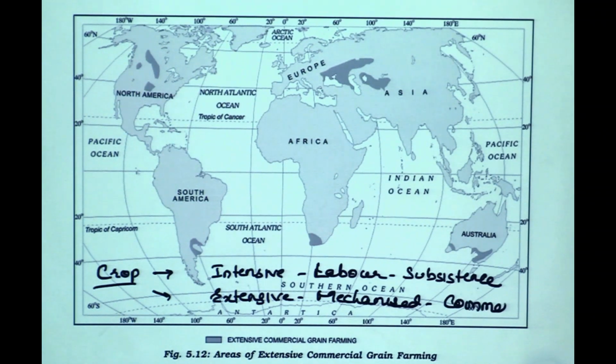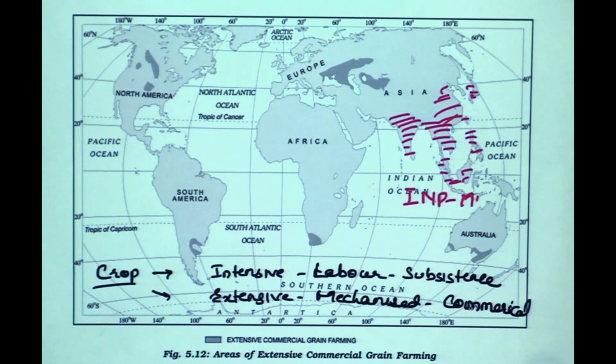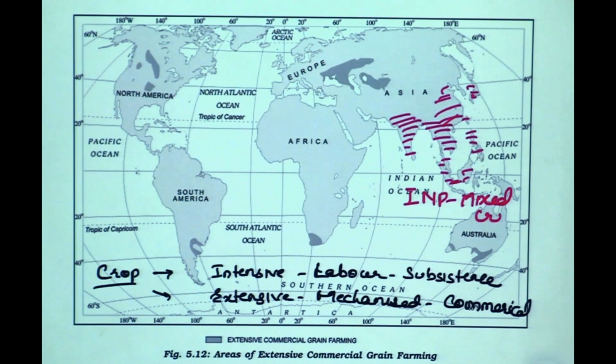This is how we started with it. So how many we have taken as intensive? Entire monsoonal Asia, Southeast Asia, East Asia, including Japan. Which type of agriculture we have taken? Intensive, non-primitive, mixed cropping.